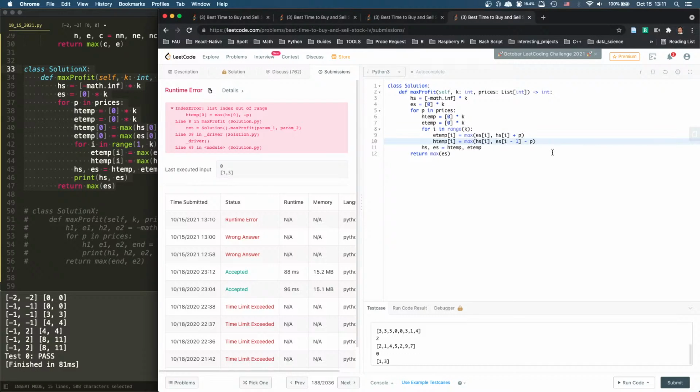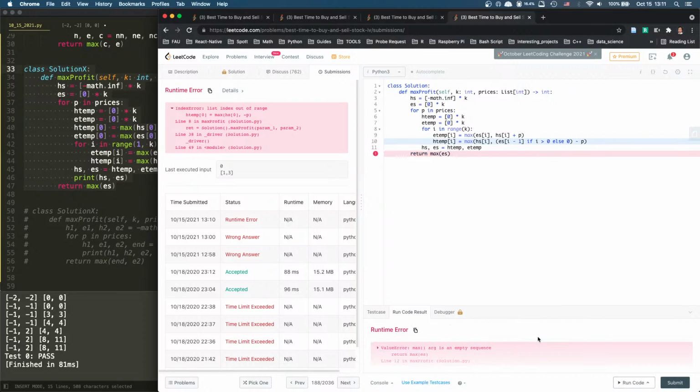And we say, if I is larger than 0, right? Else 0, and then this minus p. Yeah, we'll just do some more if statements.